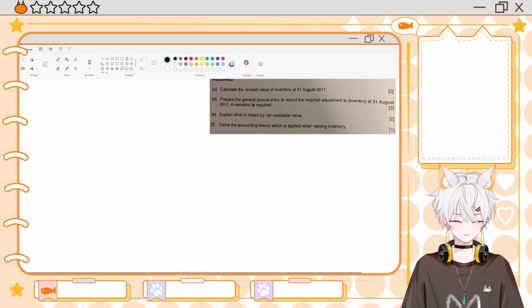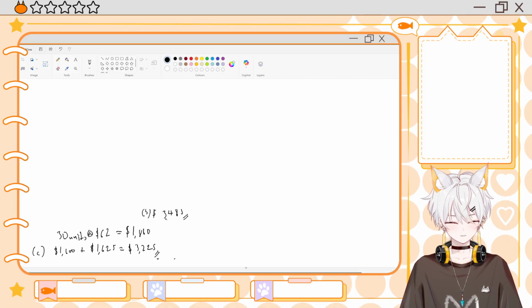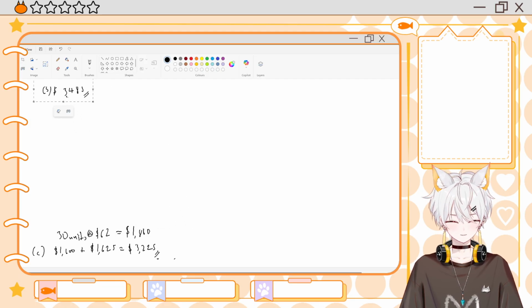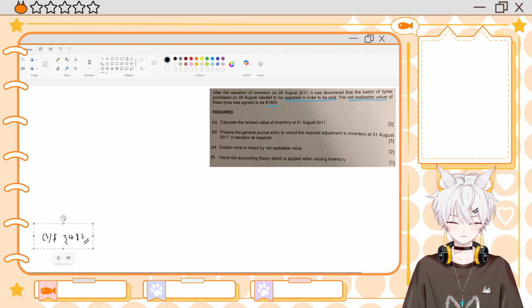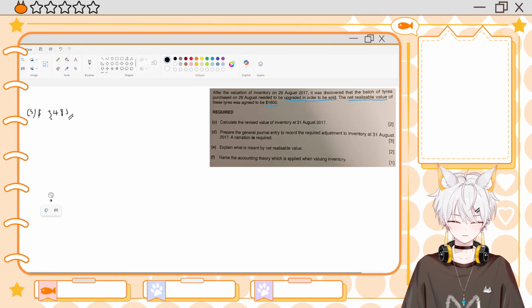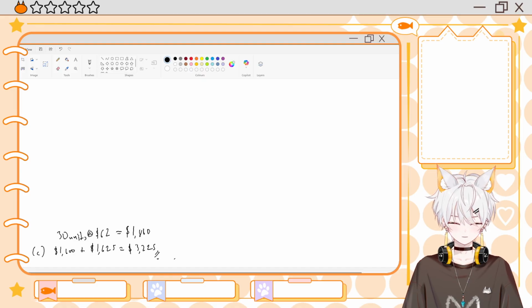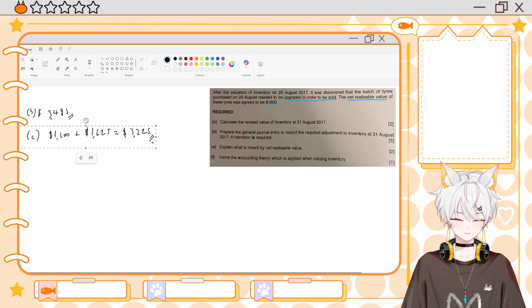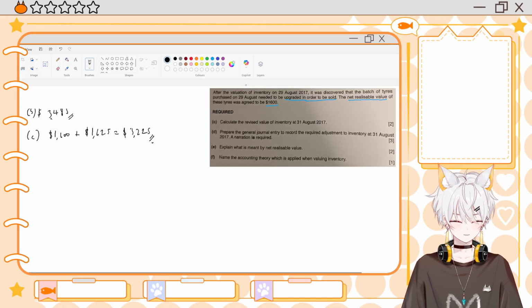Okay, so actually all you need for the third question is just these two values that you got before. So you can just have this and then this, the next one. You just need these two values for part D.